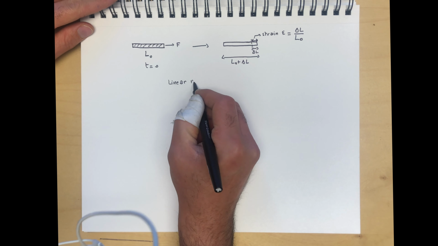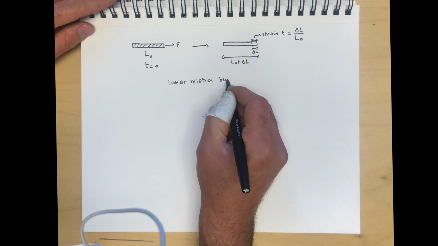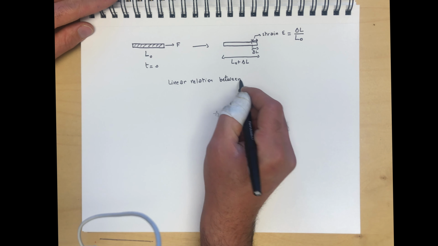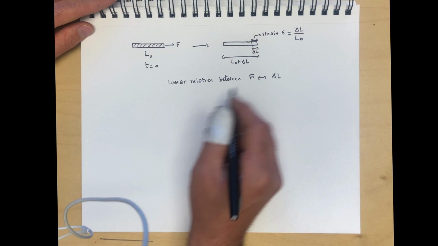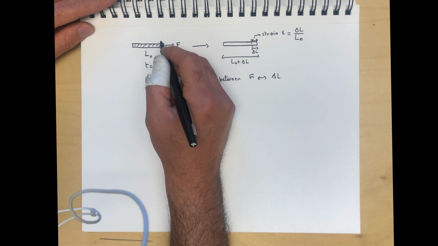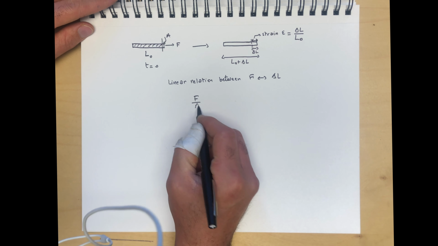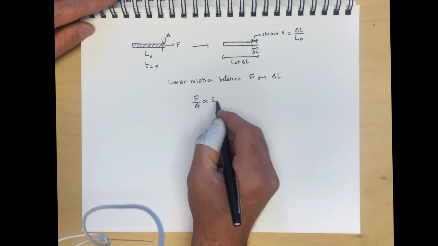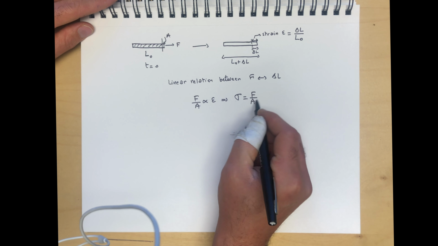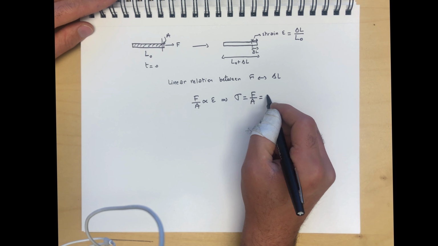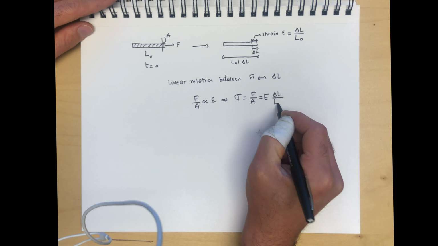But for basic solids, or the simplest of basic materials, there is a linear relation between F and delta L. And more specifically, if you normalize F by the area A over here, then F over A is proportional to epsilon, or we can write sigma equal F over A, and that's equal to some coefficient E times delta L over L0.